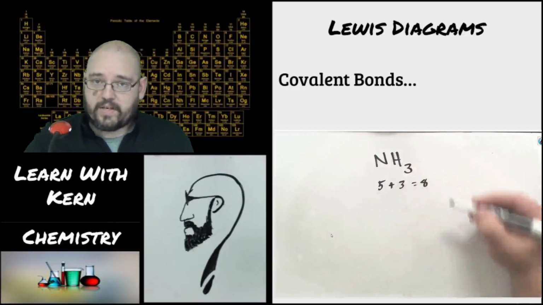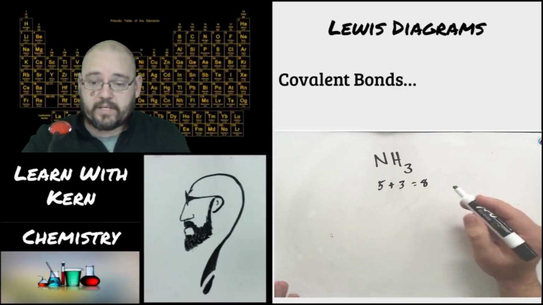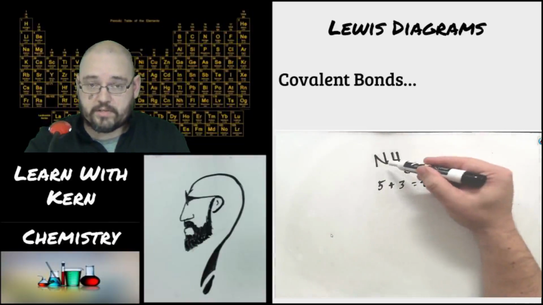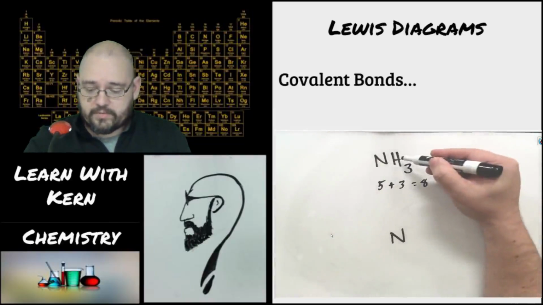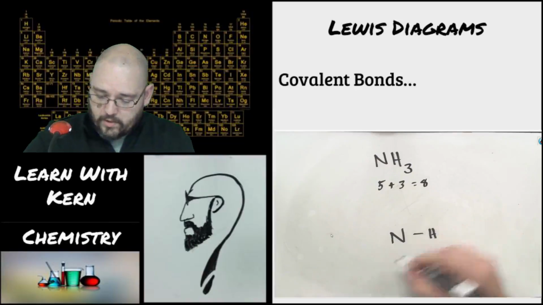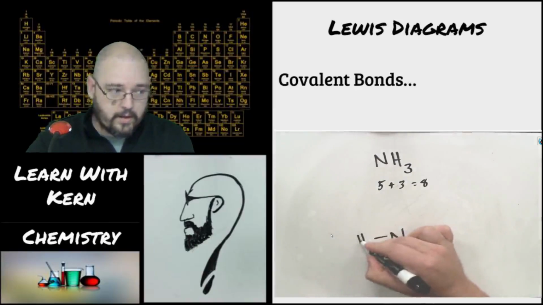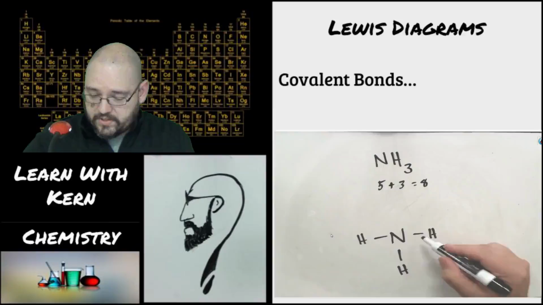That's 8 valence electrons. 5 plus 3 is 8. So our central atom is going to be nitrogen because there's only 1 nitrogen. And then hydrogen are my outside atoms. So I attach my outside atoms with single bonding pairs. And I am left with, I just used 2, 4, 6.